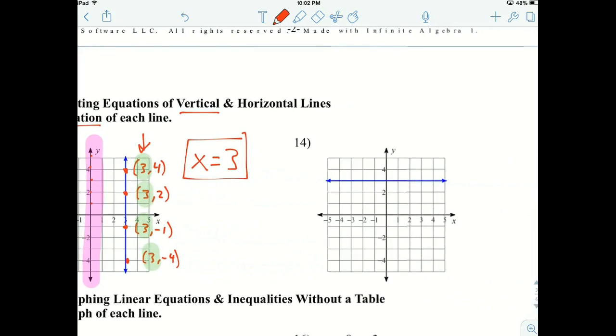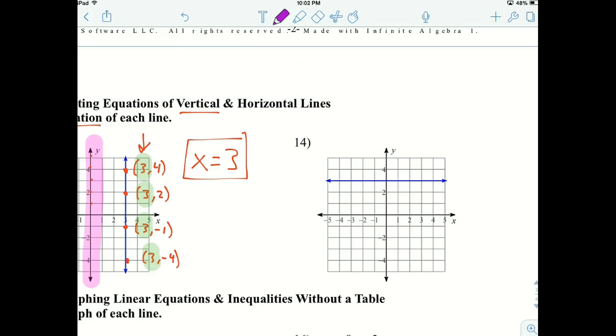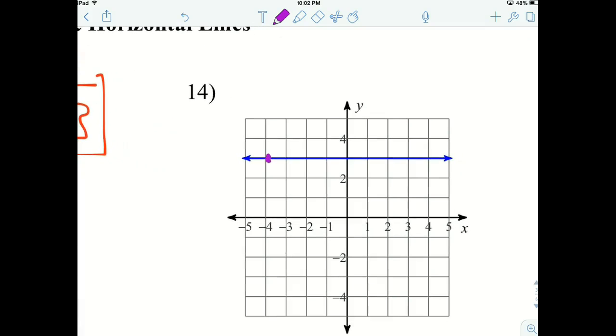If we slide over to this next one, we have a horizontal line. This line is going across. Using the same idea as before, if we were to pick various points along this line, we would get something like -4, 3, or -1, 3, or in this case +1, 3, and so forth.